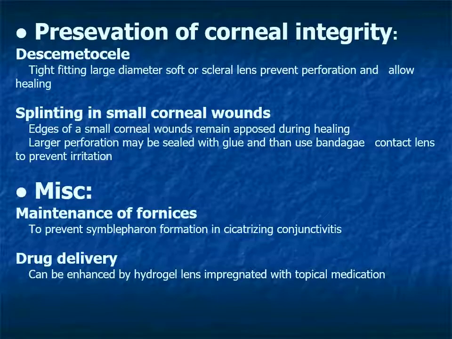In case of small corneal wounds, edges remain opposed during healing. But in case of slightly larger perforations, these may be sealed with glue, and then we use the bandage contact lens to prevent irritation of the conjunctiva.